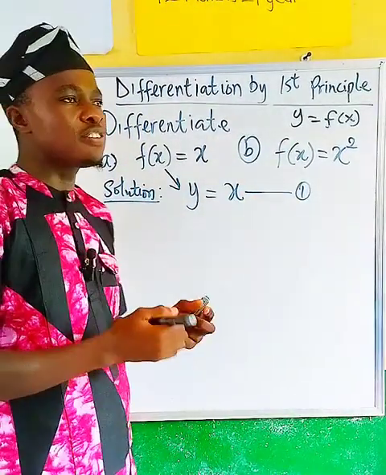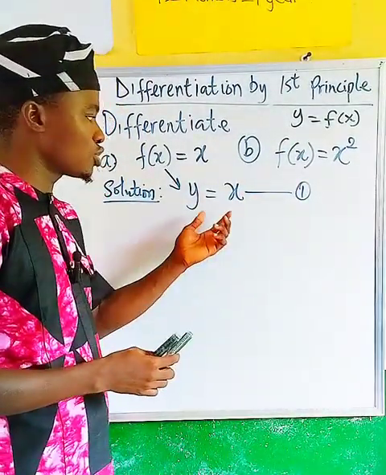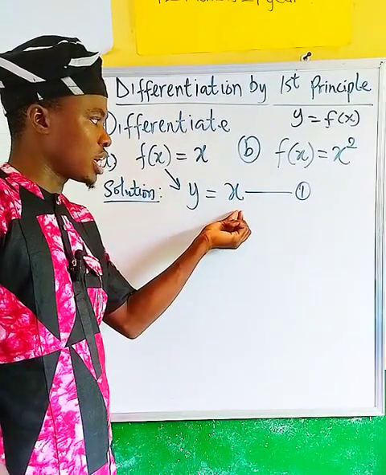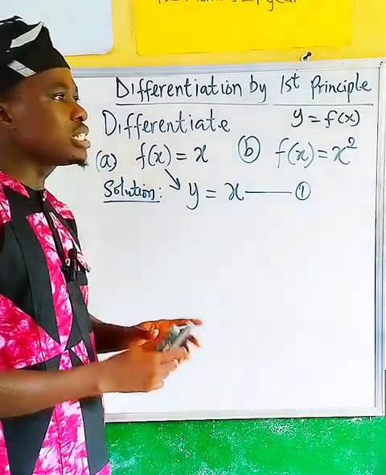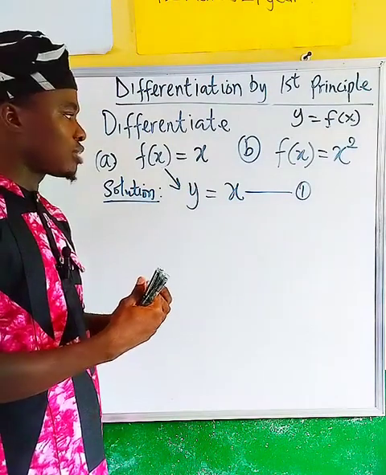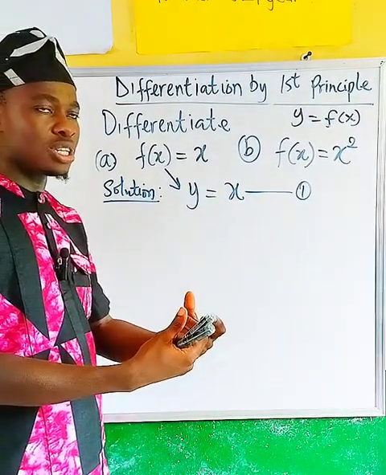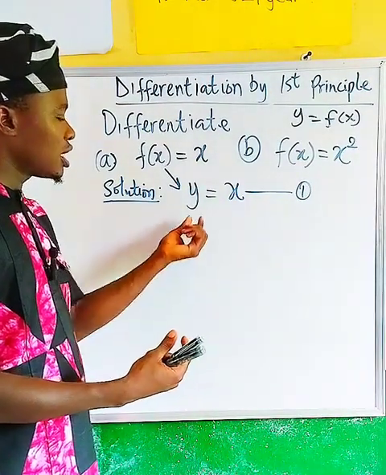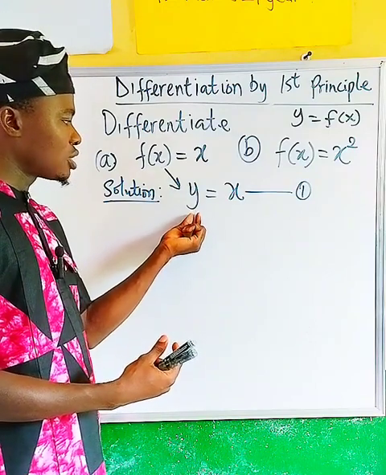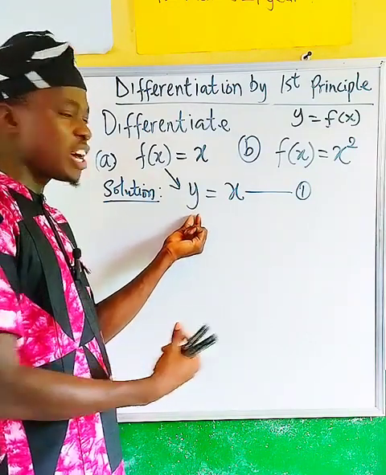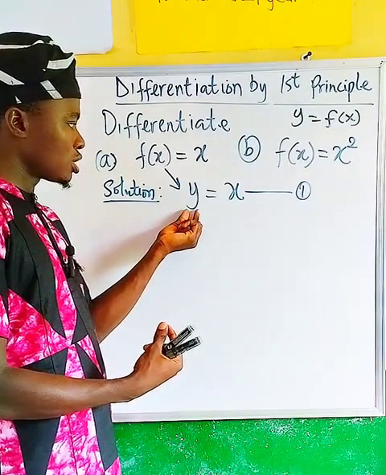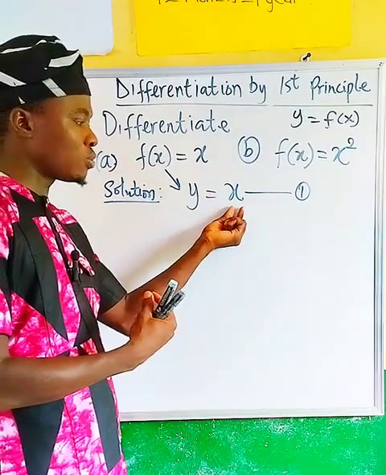So we are looking for the differentiation of this function, that is dy with respect to x. Definitely there must be a rate of change. That's the differentiation. We are going to have a very small shift in y, and at the same time in x.